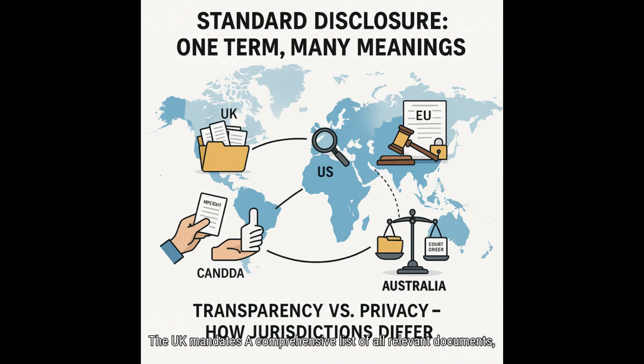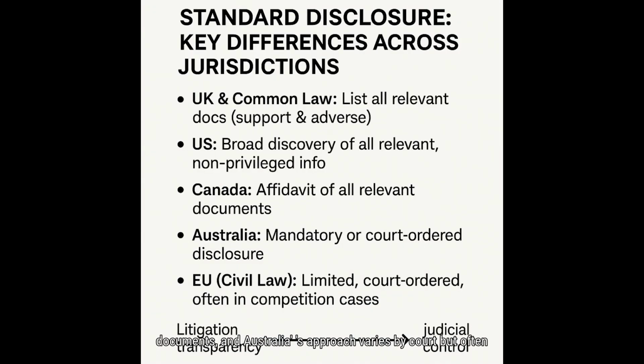The UK mandates a comprehensive list of all relevant documents, while the US adopts a broad discovery process encompassing all relevant, non-privileged information. Canada typically requires an affidavit listing all pertinent documents, and Australia's approach varies by court, but often involves mandatory or court-ordered disclosure.